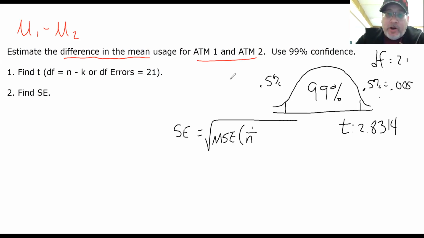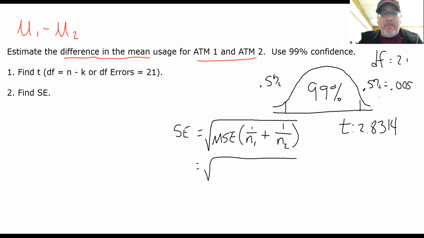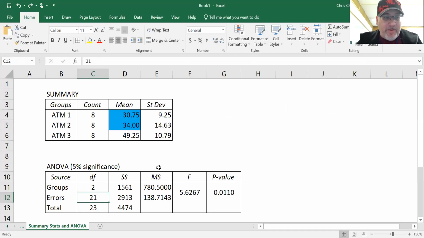All right, so anyway, our two samples are from the first and second populations, and so in the formula for the standard error, it's going to be 1 over the first sample size plus 1 over the second sample size inside those parentheses. Well, we have all these values, we just have to go get them from our tables. So where is MSE? Well, MSE is in the same place it was before, it's right there. 138.7143.